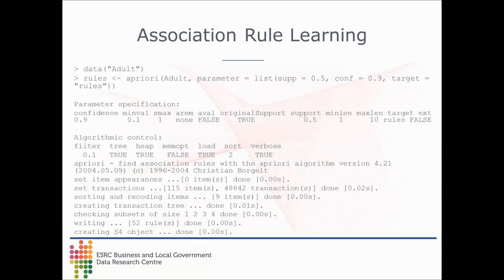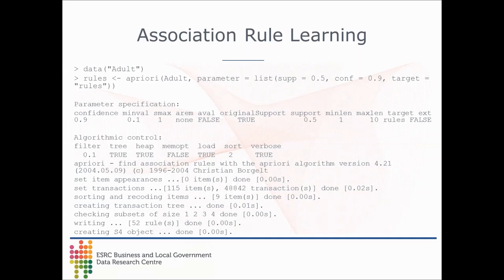Again, this is another screenshot from RStudio, and I've loaded the adult data into R. I've basically done that by the data function that loads data within the R memory, and to that I'm applying some parameters so that I can try and identify the rules.